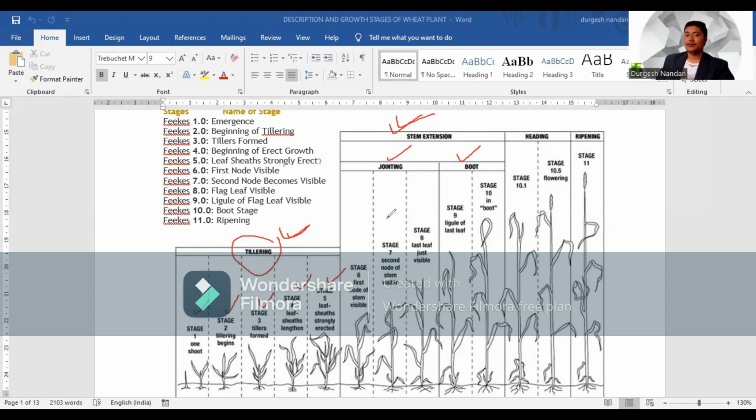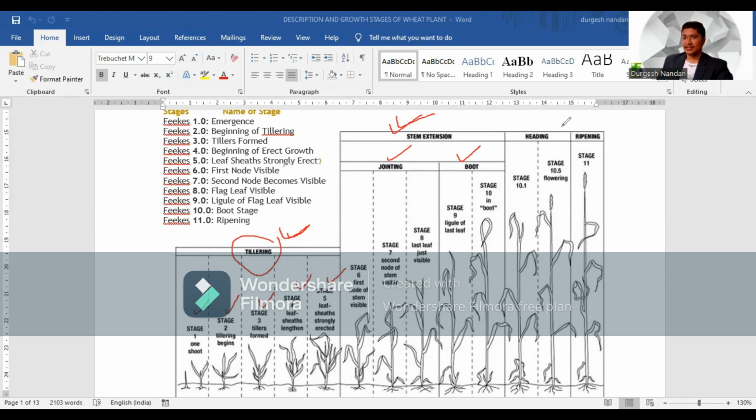So up to the flag leaf, that stage is known as jointing. And third is the booting stage. Stage 9 is the ligule of the last leaf, and stage 10 is in the boot. That is the booting stage, where the last leaf has matured and the head is starting to emerge. So before heading, the final stage is booting. So in stem extension, the two stages of jointing and booting are kept.